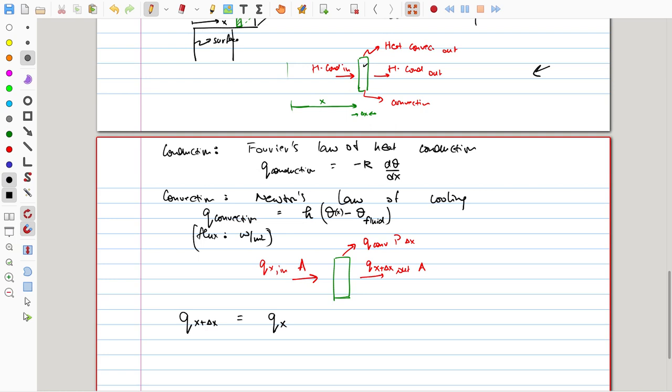So we can take as many derivatives as we want.